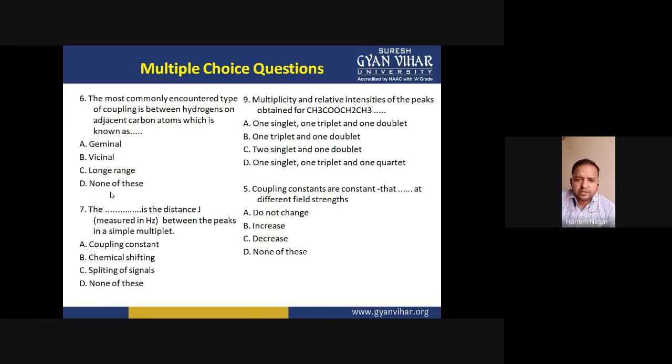And the last question: coupling constants are constants that dot dot dot at different field strength.